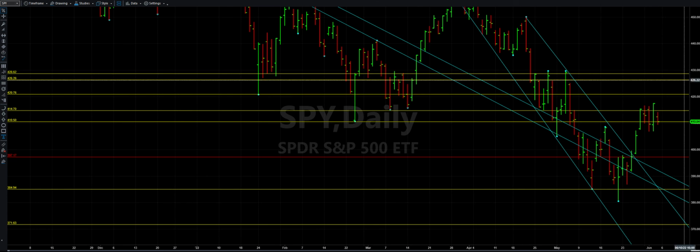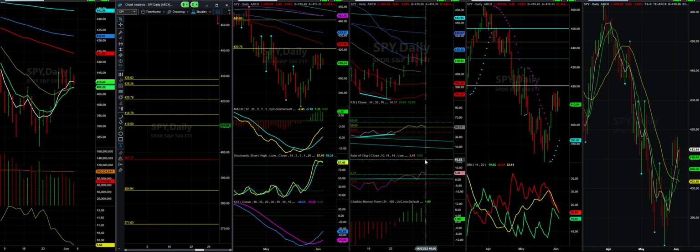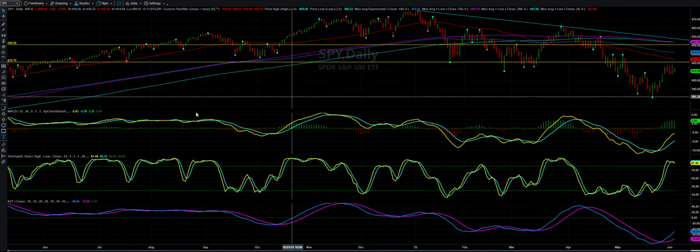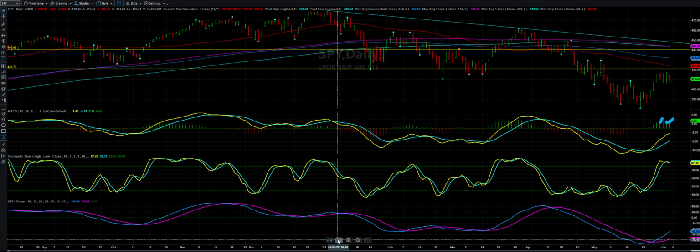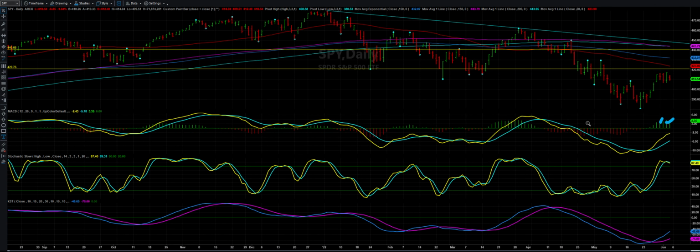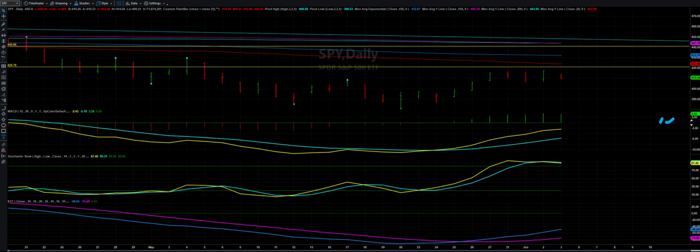All right, let's now look at the stochastic and the MACD. The MACD is still positive. The histogram is green. But the stochastic is doing the same thing, as we saw on the DIA.